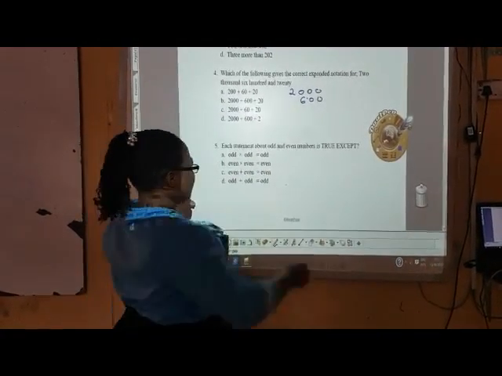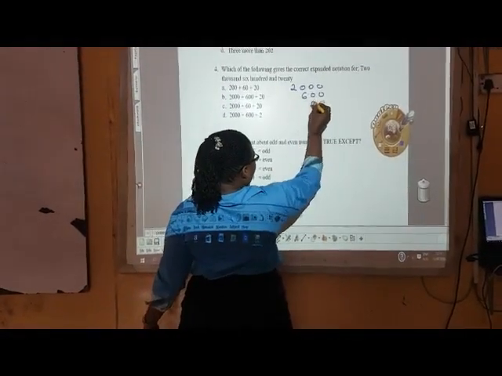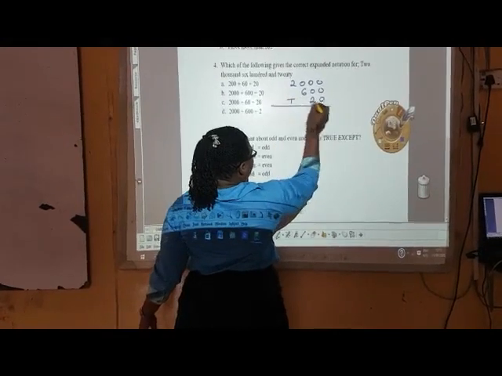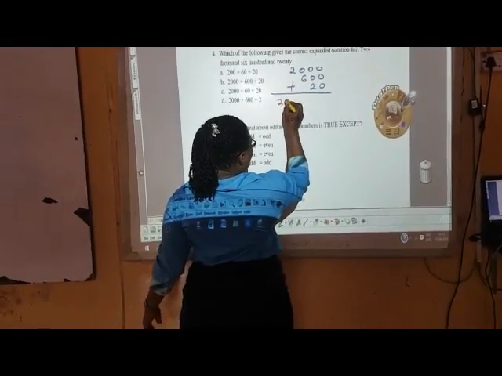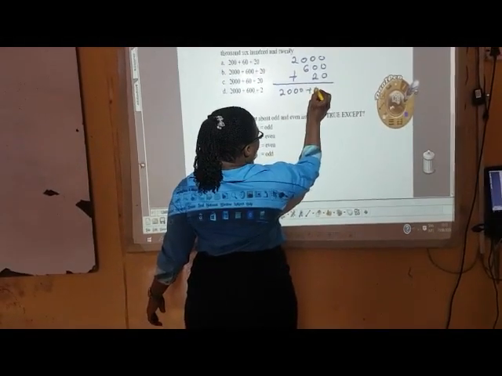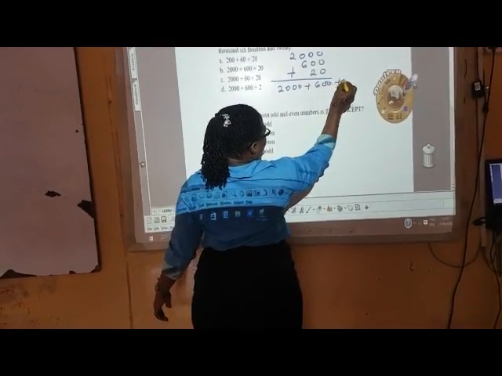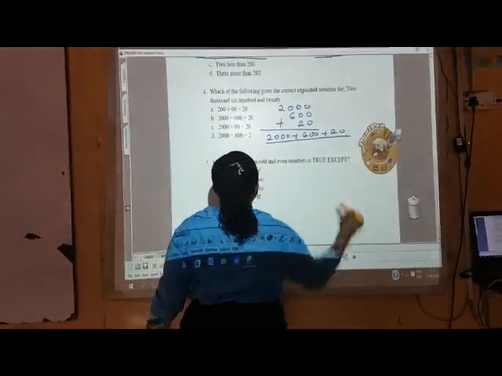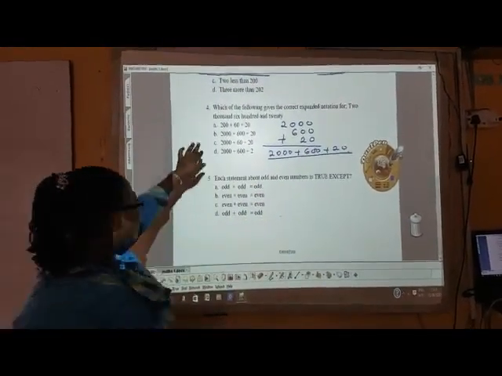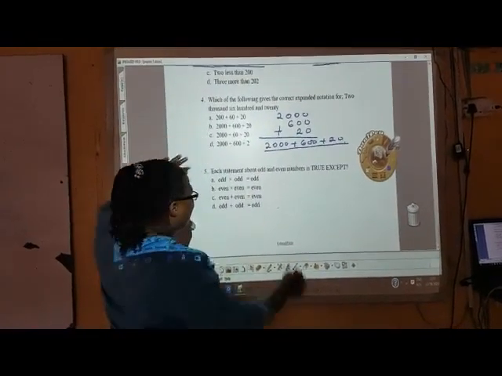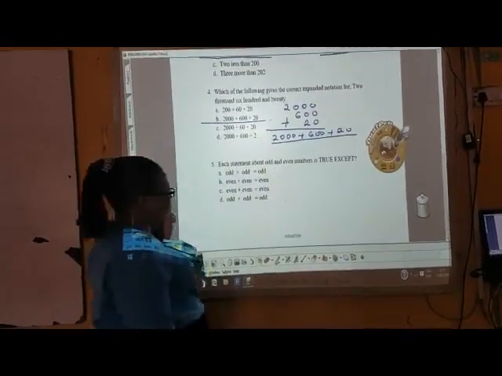And 20, this is our 20. You have to add everything together. So we have 2,000 plus 600 plus 20. That is what we said expanded notation. So that means our answer there is B.